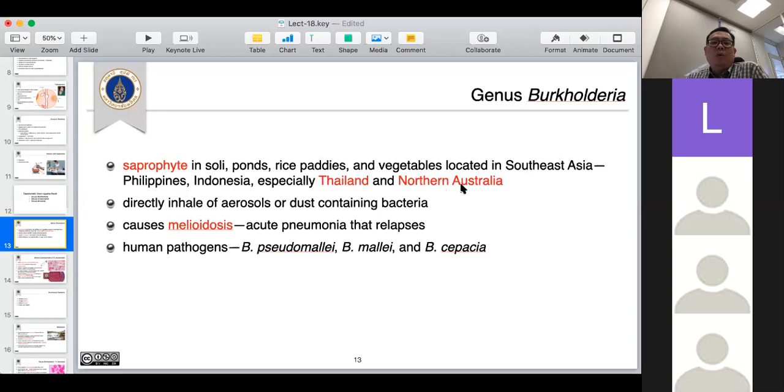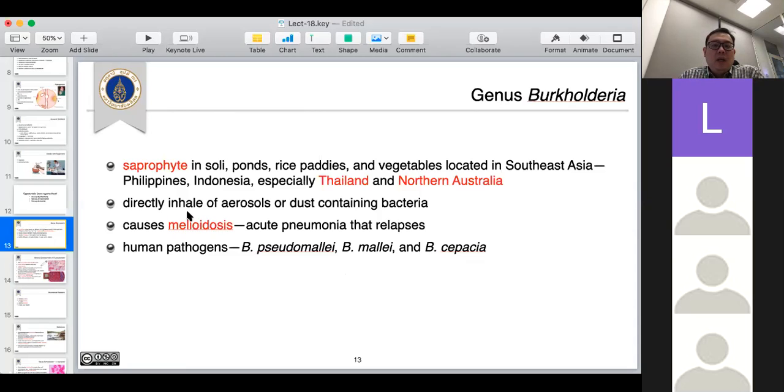The Burkholderia that is important as a human pathogen is pseudomallei. Burkholderia mallei mostly infects animals, particularly livestock. Burkholderia cepacia also. The species that does not infect humans or is harmless to humans is Burkholderia thailandensis.